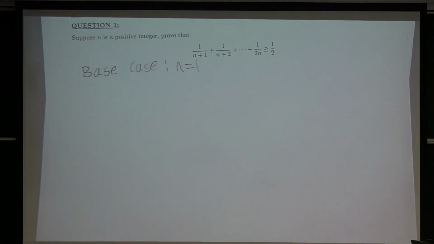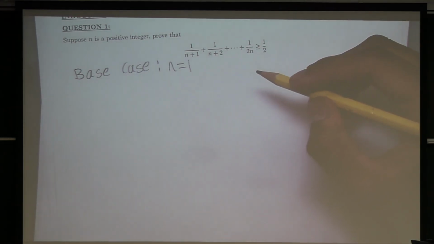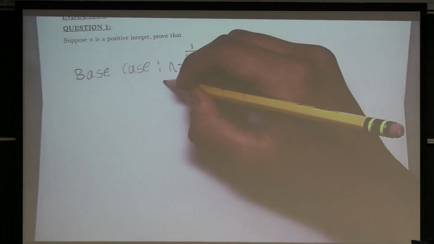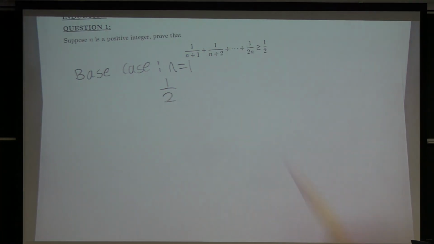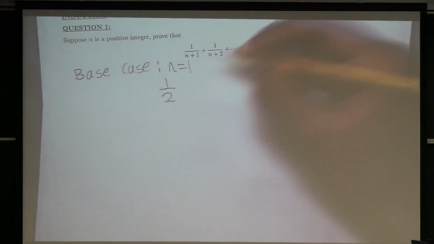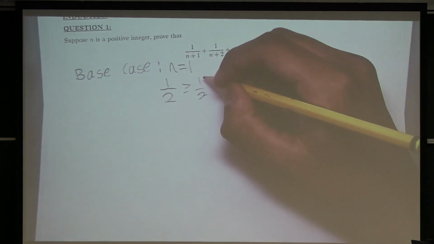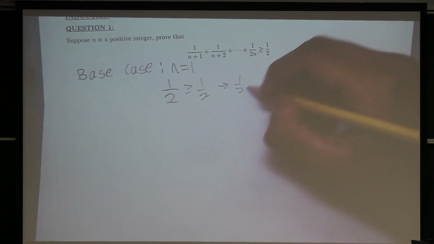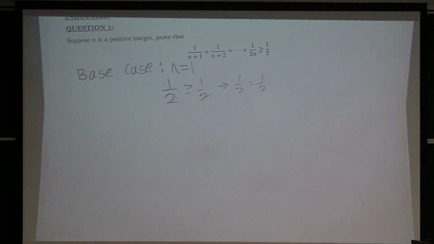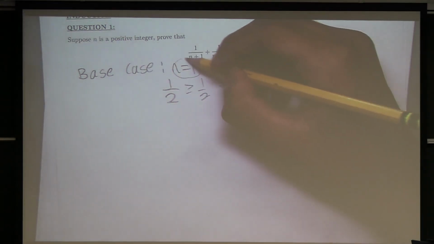Later on in our inductive step, if we're required to have multiple base cases, we can go back to the base case. So with n equals 1, we just have 1 over 2, and it stops there, because n plus 1 is 2 and 2n is just 2 when n equals 1. And we want to show that this is greater than or equal to 1/2. Well, this is obviously equal to 1/2. So this problem holds for when n equals 1.